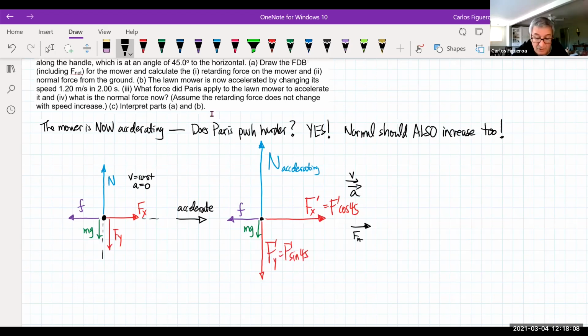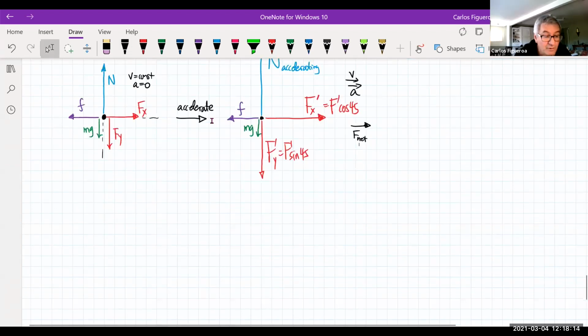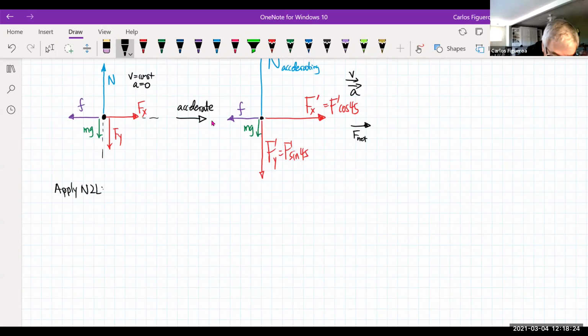Okay, so let's go write down the equations now. If I write down the equations, they're identical as before, right? So now I'm going to apply N2L. It's got to look something like this. I have my net force in the x direction.